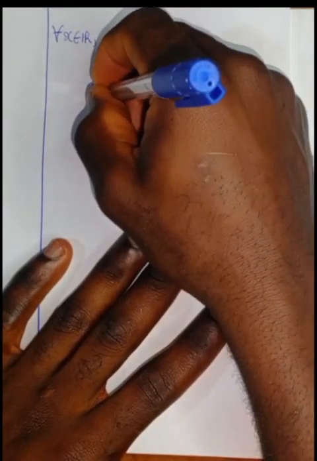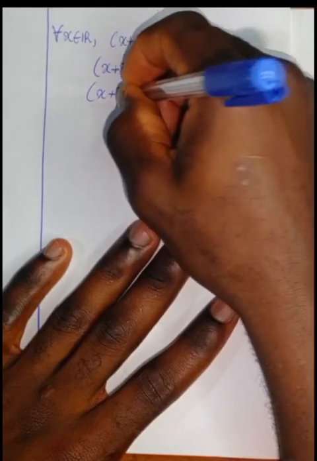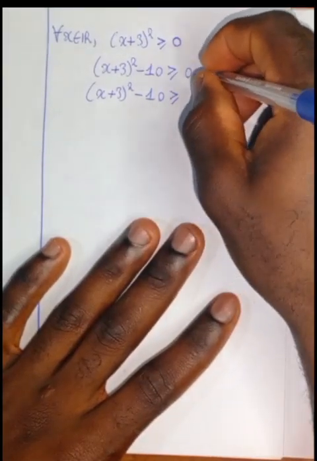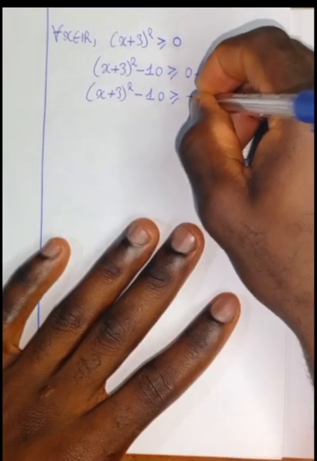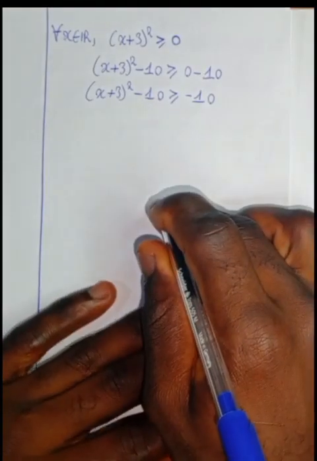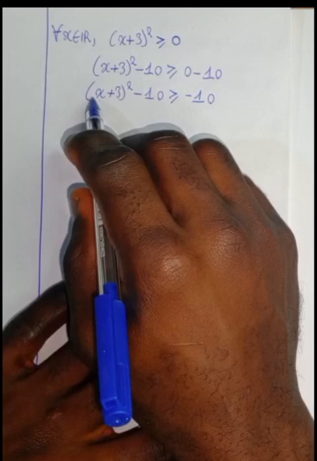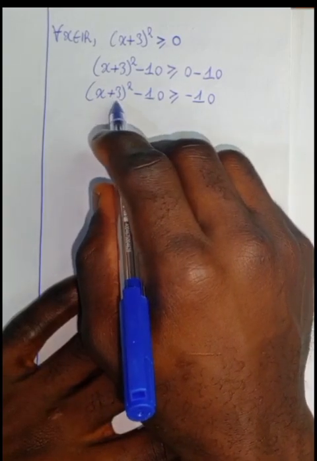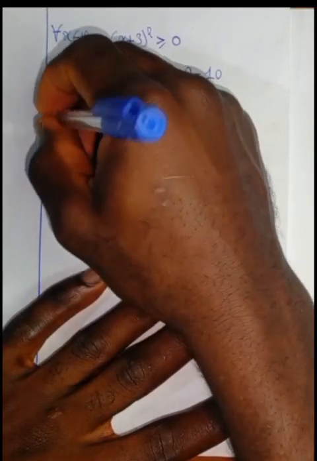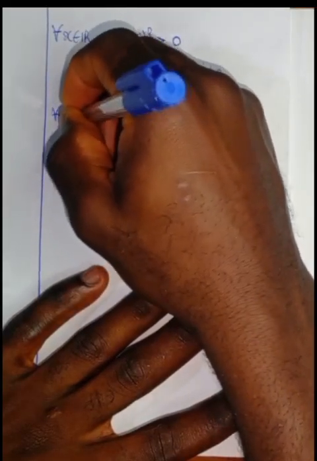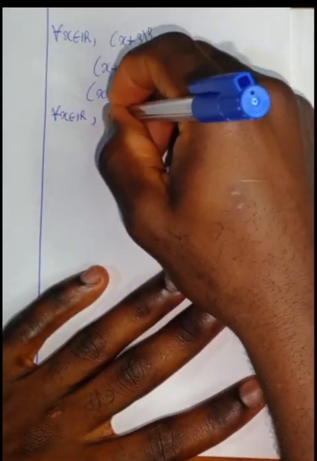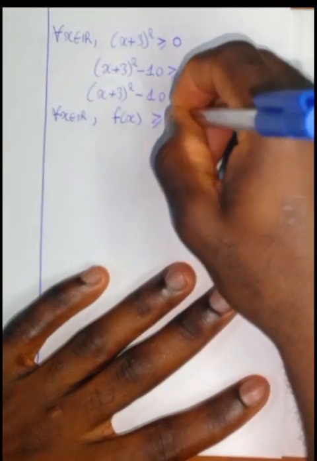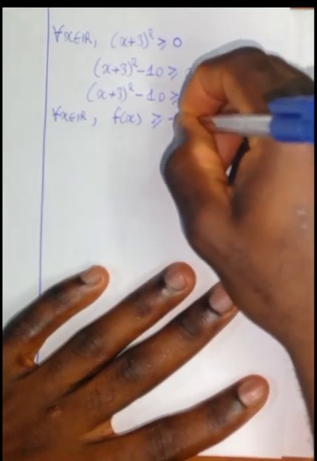This gives x plus 3 squared minus 10 is greater than or equal to 0 minus 10, which remains negative 10. We know this is our function f of x, the quadratic function. It therefore means that for every x we take from the set of real numbers, f of x is greater than or equal to negative 10.